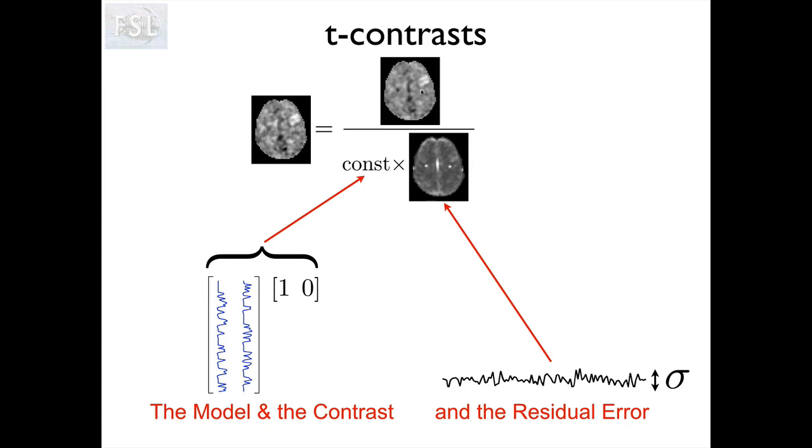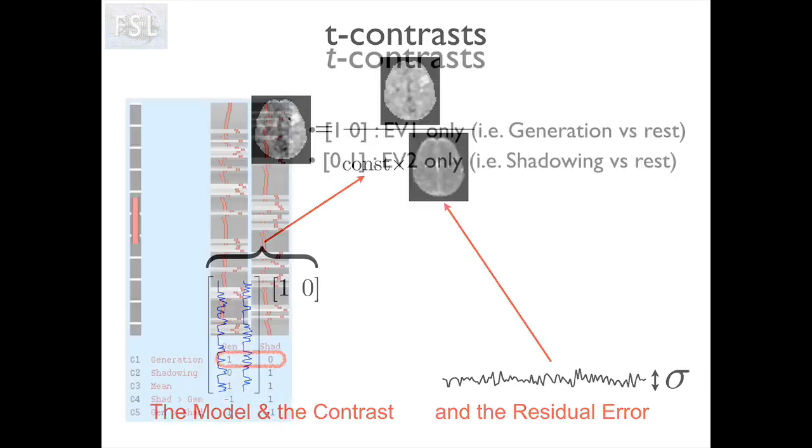So what this one happens to be is the Cope 1, 0, i.e. it is just the map of the beta 1 parameter estimates, divided by a constant, multiplied by the residual error map, and this is the t-map. And if you squint a little bit, you can see that it looks like we actually have something going on in an interesting part on the left side of the brain.